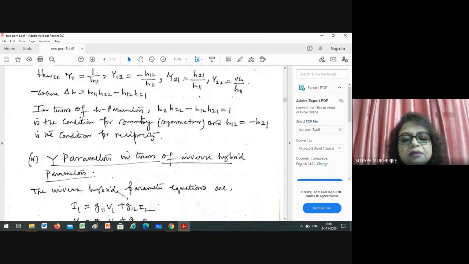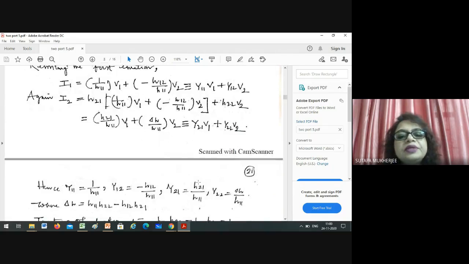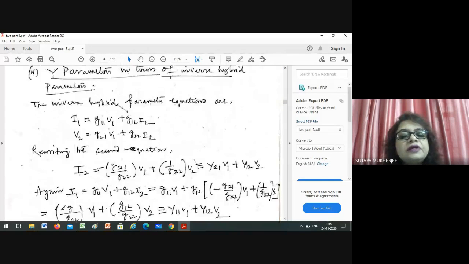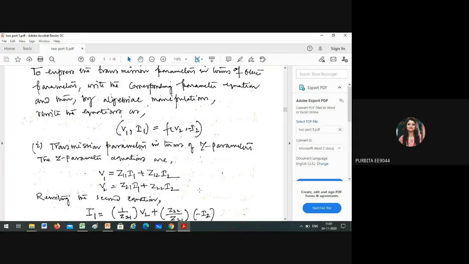Up to this, it is clear to all of you how you can get the interrelationship between the Y parameters and the other parameters like Z parameters, ABCD parameters, inverse transmission parameters, hybrid parameters, inverse hybrid parameters, right? Yes, ma'am.